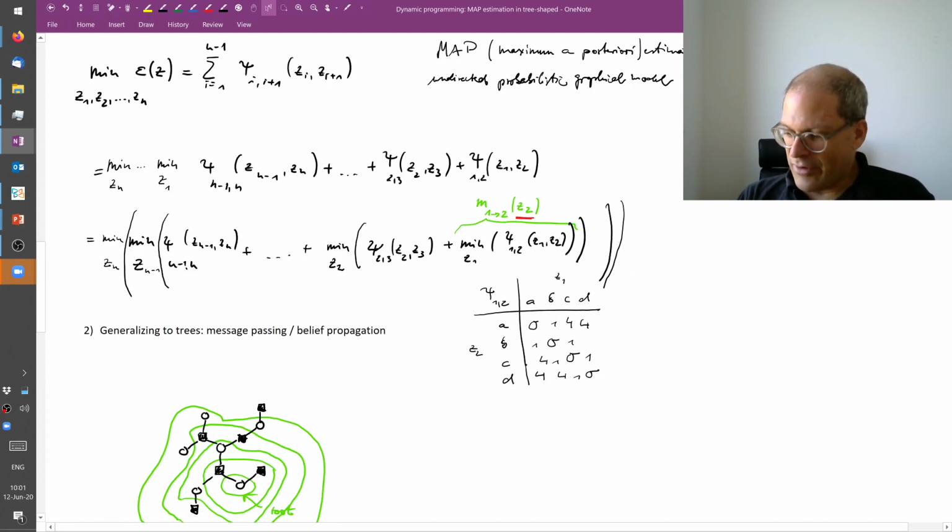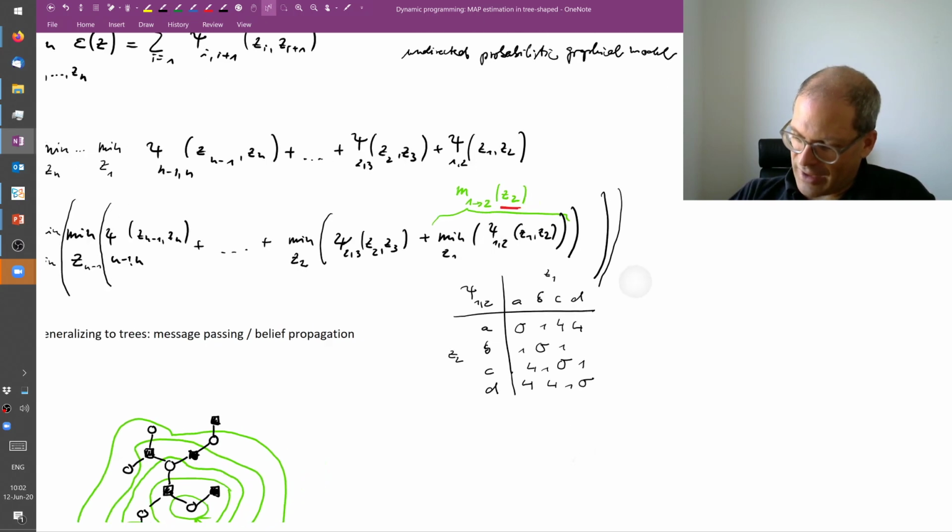And if we now ask what is the lowest cost in this table if I minimize over one of the states. Actually, this table here is uninformative, but as soon as I add unaries, I will start to see a difference between different states.